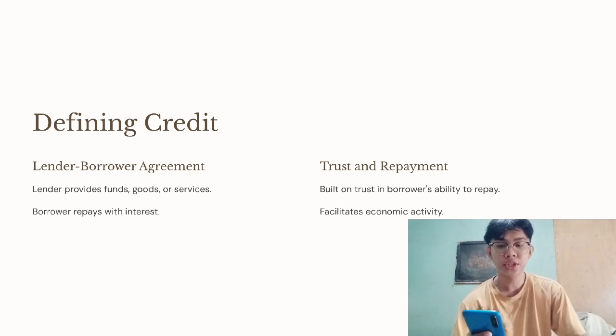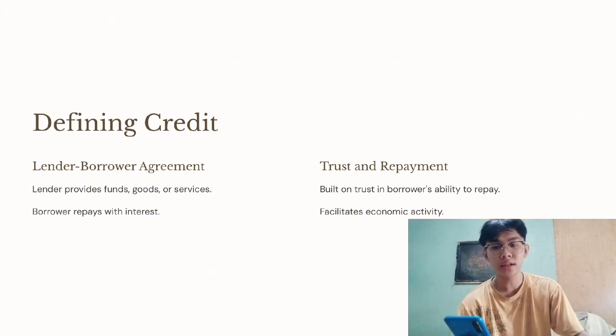It is built on trust that the borrower will fulfill their repayment obligation. Credit plays a crucial role in facilitating economic activities by allowing individuals, businesses, and government access to resources that they do not currently have or don't need to acquire in the future.